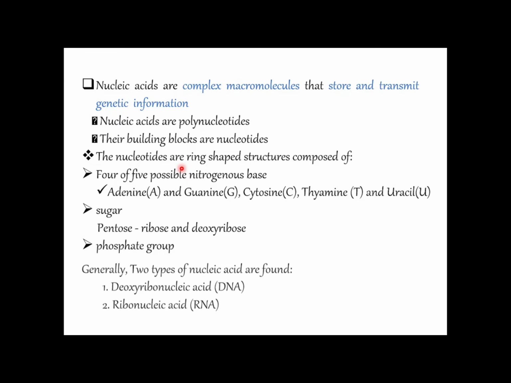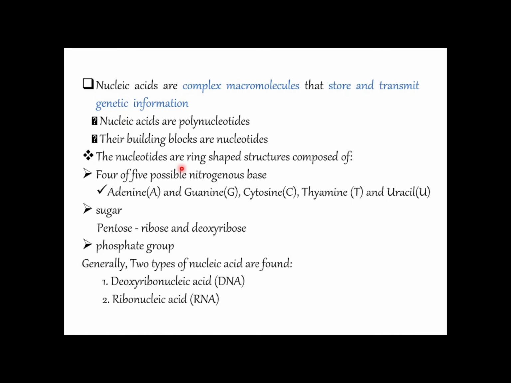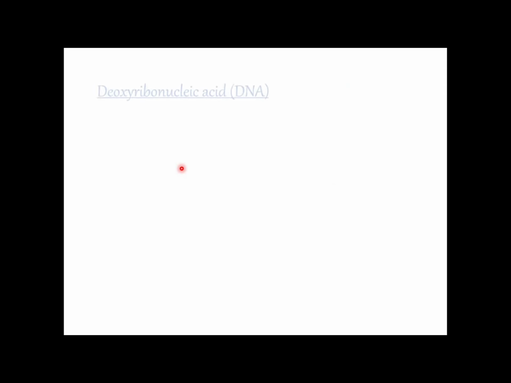The third one is the phosphate group. So a given nucleotide is composed of these three things: nitrogenous bases, pentose sugar, and phosphate group. In general, there are two types of nucleic acids: deoxyribonucleic acid and ribonucleic acid, which are abbreviated as DNA and RNA.